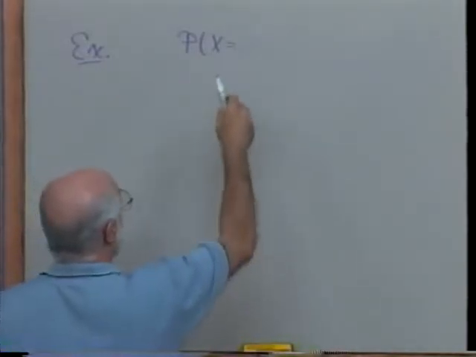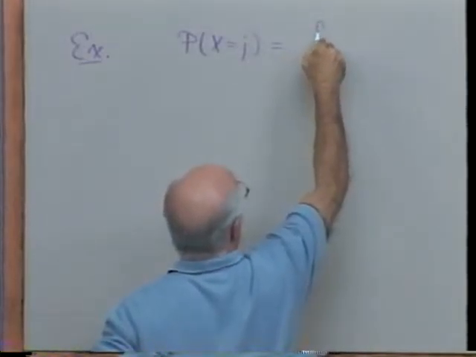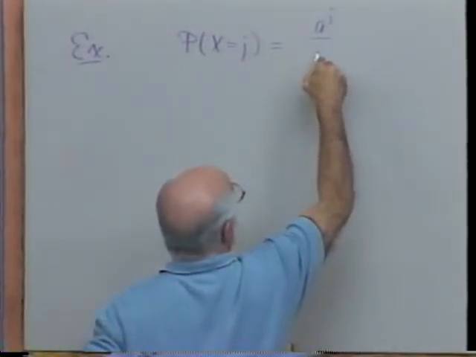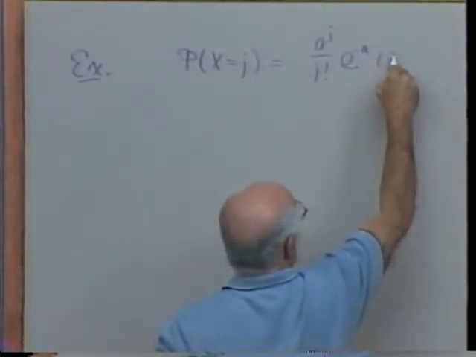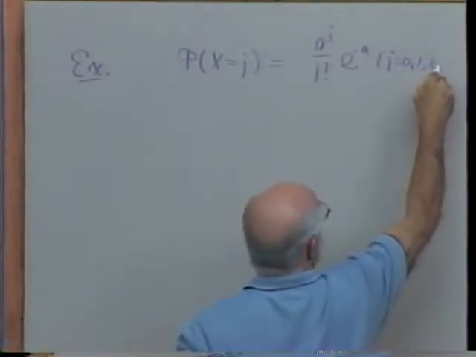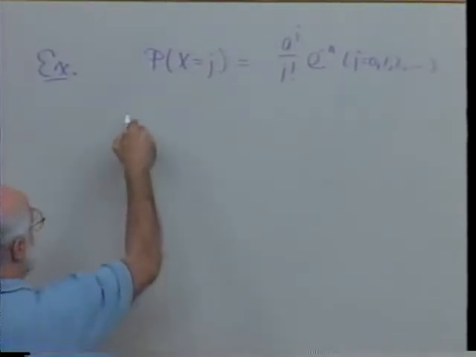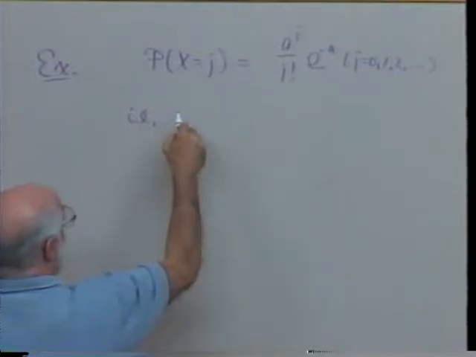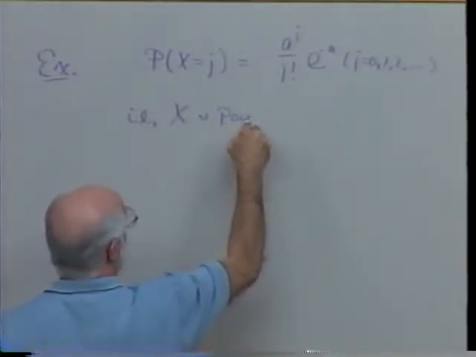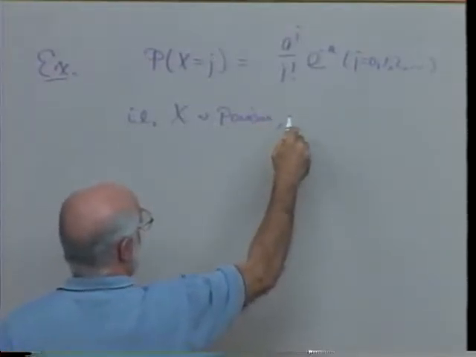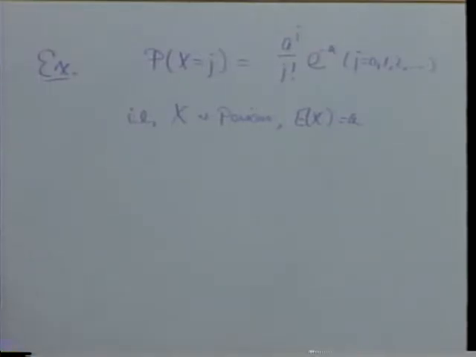Okay, suppose the probability that x is equal to j is given by a to the j over j factorial e to the minus a for j equals 0, 1, 2, and so on. In other words, x is distributed as a Poisson variable, and the expected value of x is equal to a. We already know that.